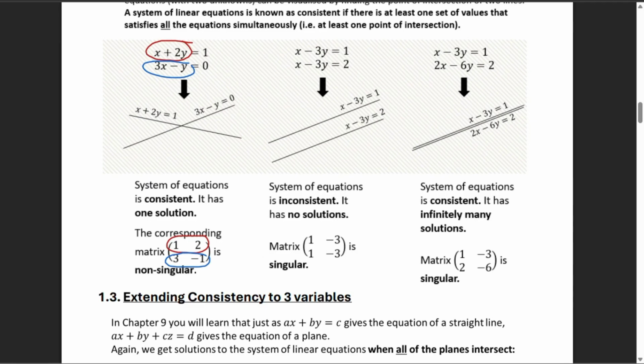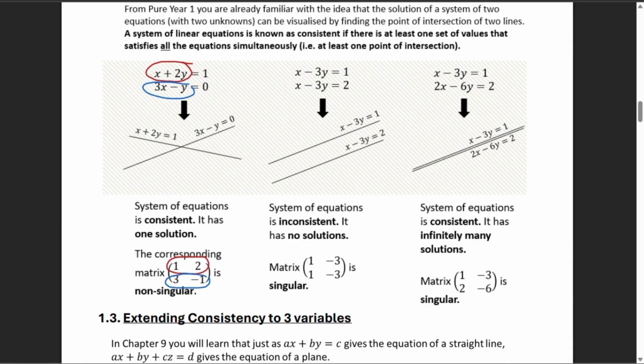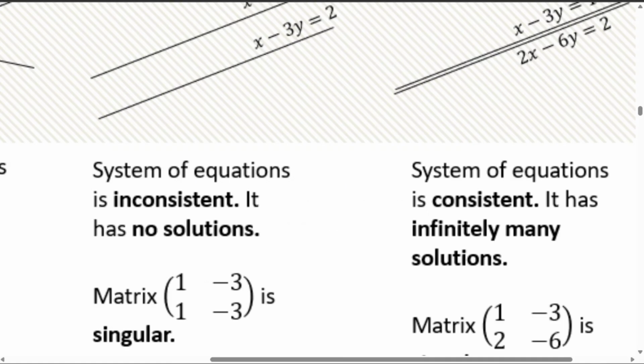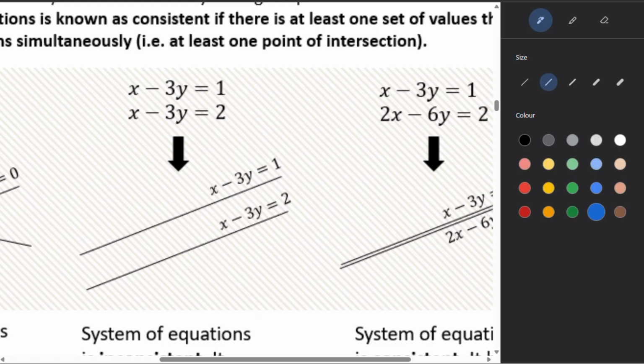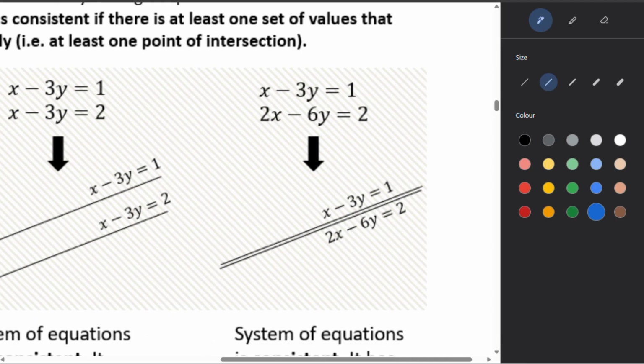And then we finally have this situation here, which is a bit hard to show you. I'm zooming in a lot here just to show you what I mean. We have x minus 3y is equal to 1, and 2x minus 6y is equal to 2. Now you might think they're parallel but close together. They're actually not. When you're solving simultaneous equations, you're trying to eliminate terms, aren't you?